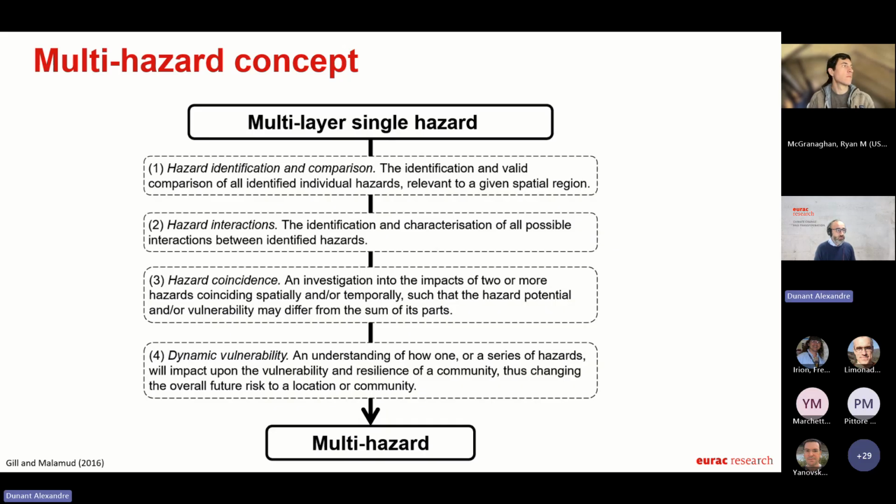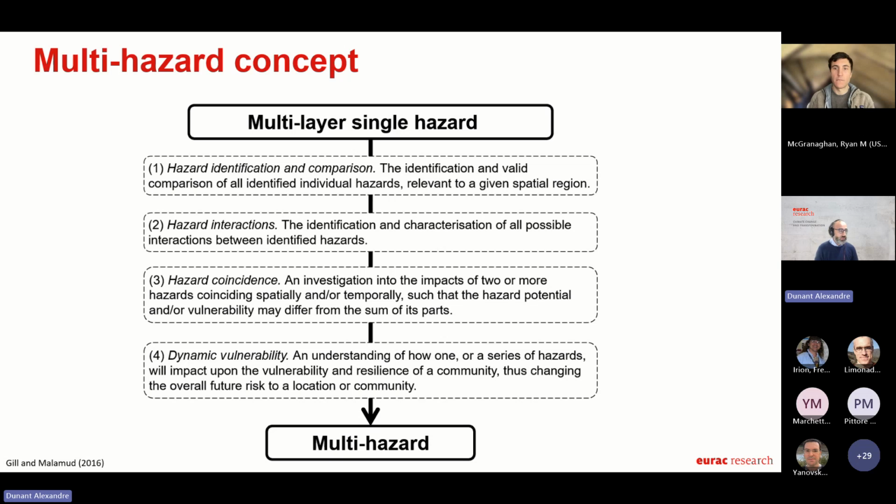The third one is to take into account hazard coincidence, when two or more hazards coincide spatially and temporally, so that the result, the risk, might differ from the sum of its parts.